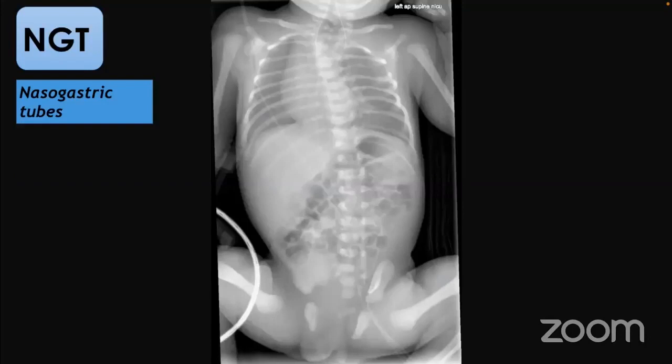In this film, this babygram, we have the nasogastric tube coiled in the upper proximal esophagus.